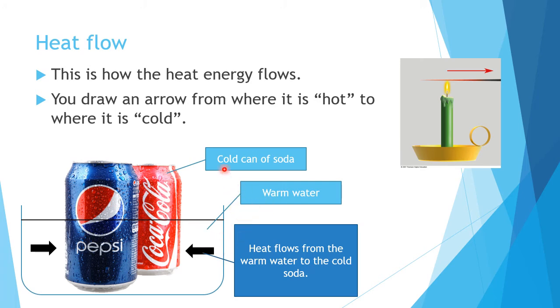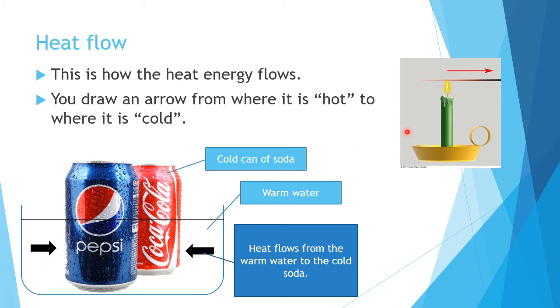Since this one is cold, this is where the hot is. So we go from the warm water to the cold can of soda. Hot to cold. Here it says heat flows from the warm water to the cold soda. The arrow shows the heat flow.